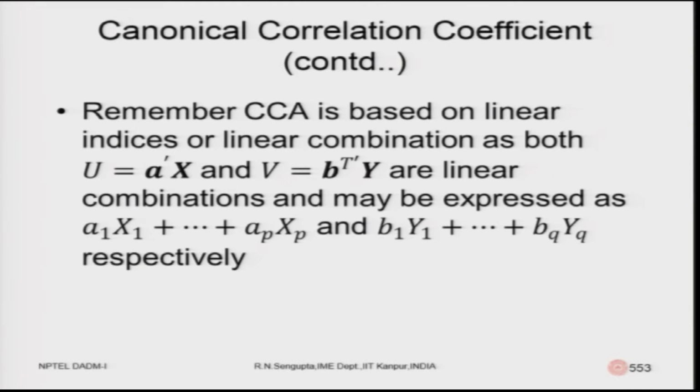So, the canonical correlation analysis method is based on linear indices or linear combinations. As I mentioned, U would be formed by a linear combination of A and x, and similarly V would be formed by a linear combination of B and y.